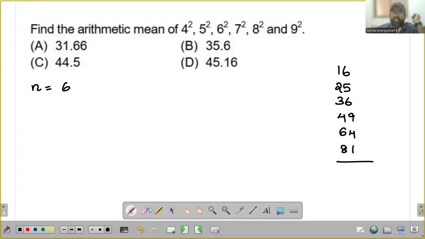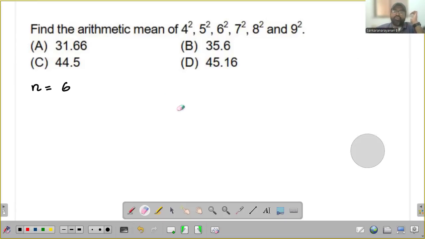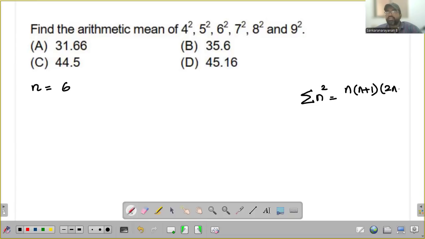That is one way you can calculate this. Another way, recall summation n square, the sum of squares of first n natural numbers. It is n into n plus 1 into 2n plus 1 whole divided by 6.